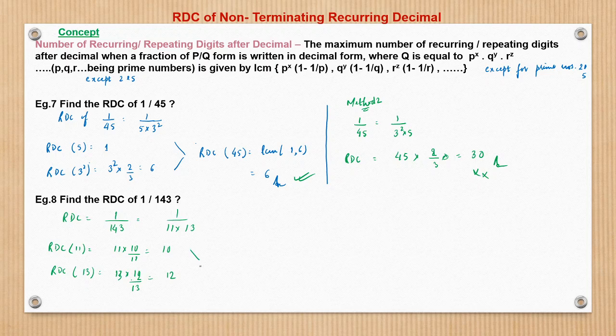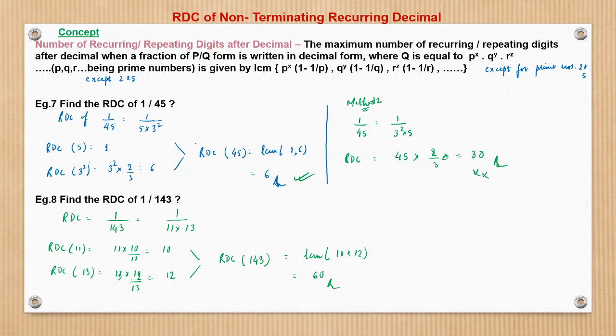So from here we can say the RDC of 143 is nothing but the LCM of 10 and 12. The LCM of 10 and 12 is 60. So we get 60 using this generic approach.